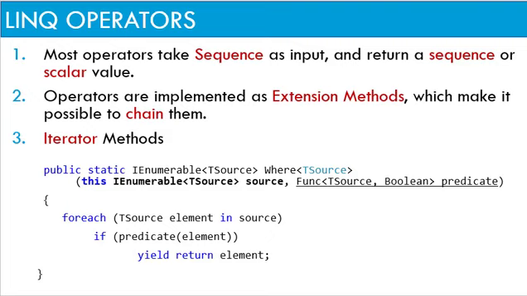Lambda expressions are used extensively with LINQ operators. Please note the yield return statement in the method body. It tells the compiler that this is an iterator method, so create an enumerable class and an enumerator class at compile time. You can easily create your own query operators like this to implement some custom or domain-specific query logic.